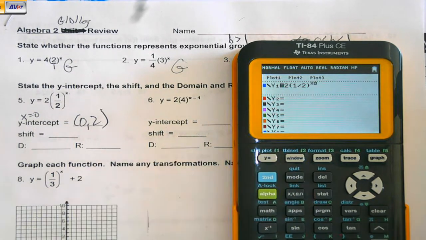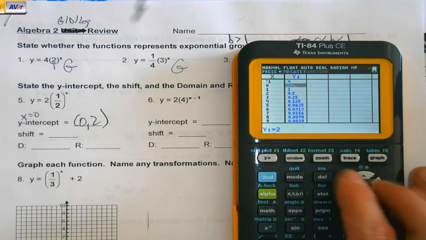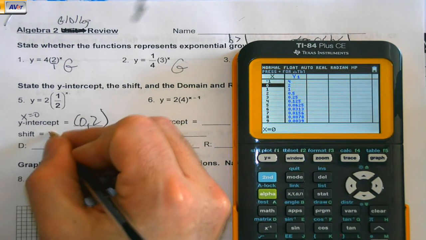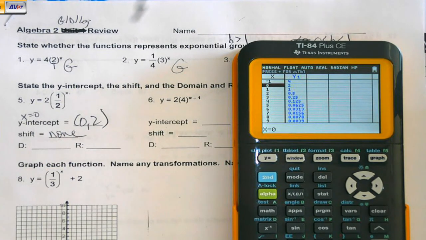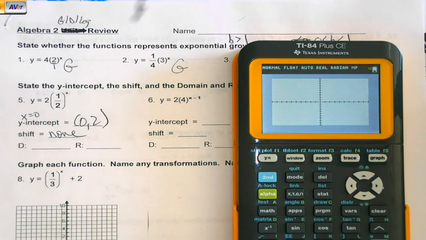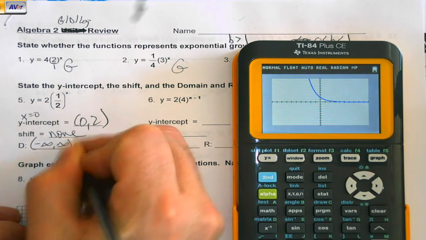But let's say I forget. That happens. Pull up my chart, go to where x equals 0. But it's a coordinate, and it needs to stay that way. Shifts, we don't have any this time. And when we're graphing with growth and decay, remember, my domain is infinite. It's going forever to the left and right, and that will never change on these.